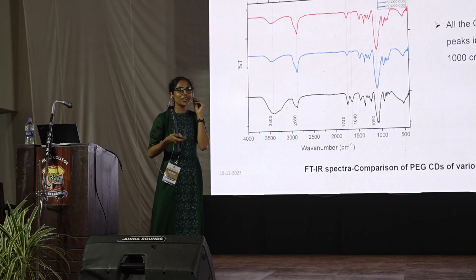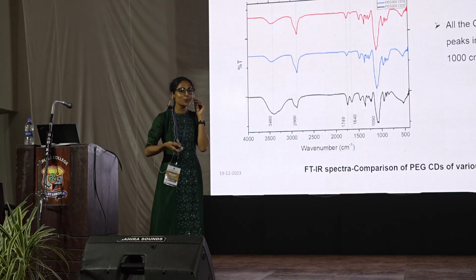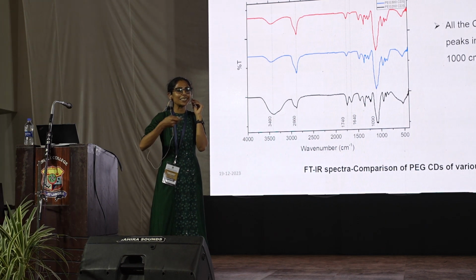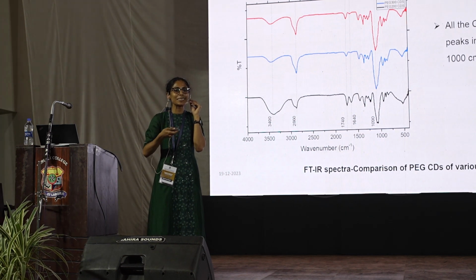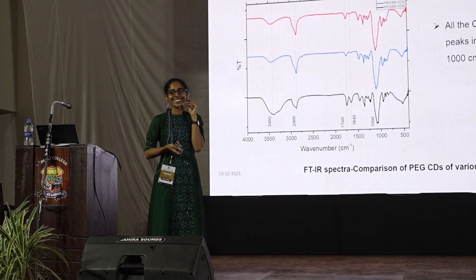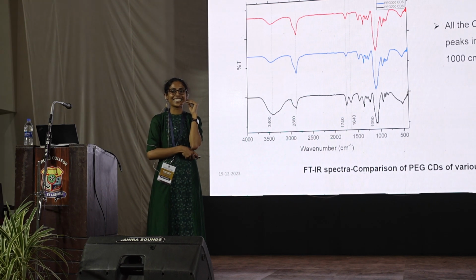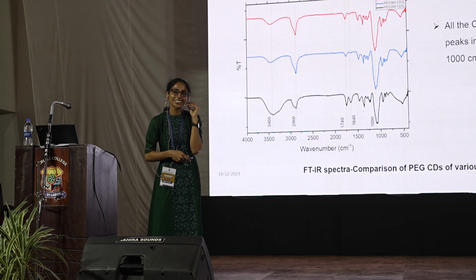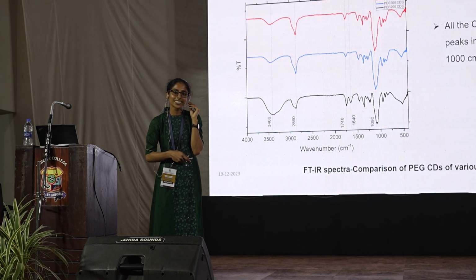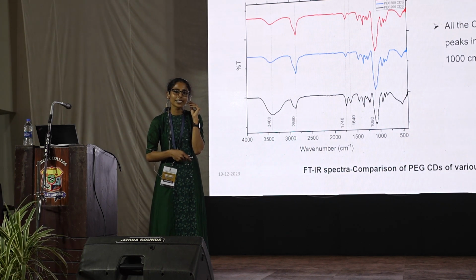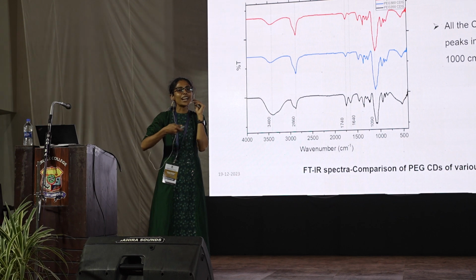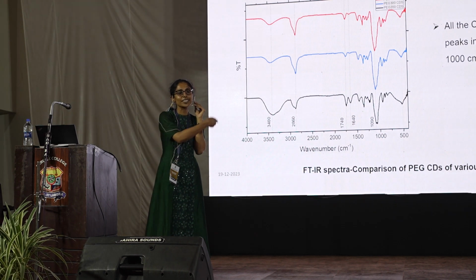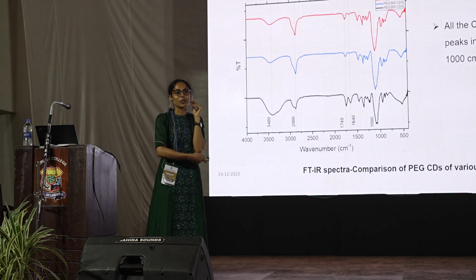Polyethylene glycol itself has groups like hydroxyl groups. So it's not water, but upon microwave radiation, there is a chance for oxidation. I think if water is there, more time is needed for converting this to polyethylene glycol carbon dots.